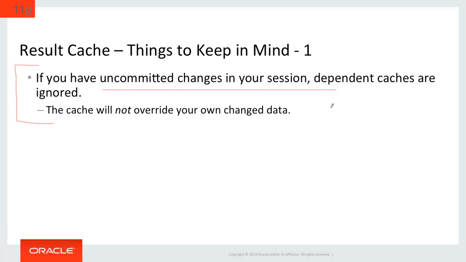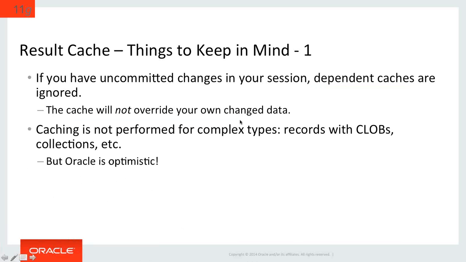Well, in that case, the cache should be okay for everybody but you, and that's how Oracle does things. So dependent caches are marked invalid for you, they're ignored for you. And then when you commit or roll back your changes, then the cache will either be rebuilt or the cache will be made re-available to you. Okay? So the cache will not override your current partially changed data structures.